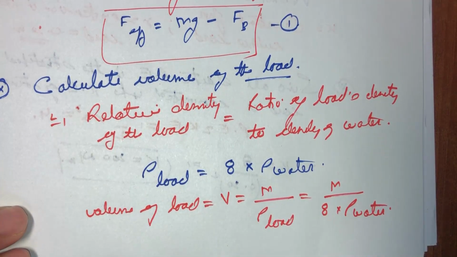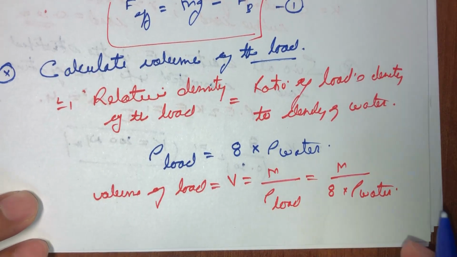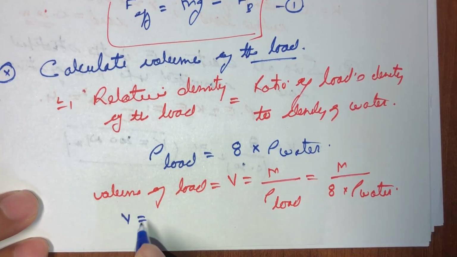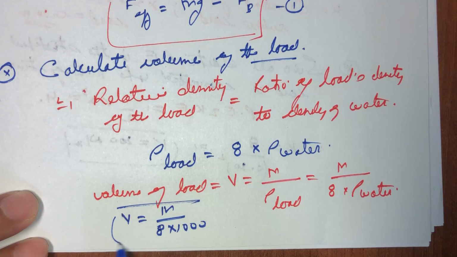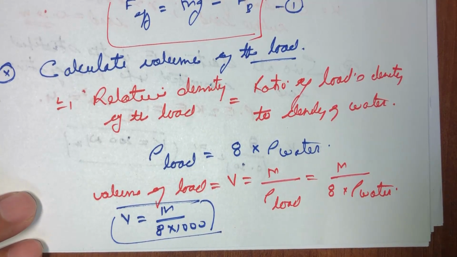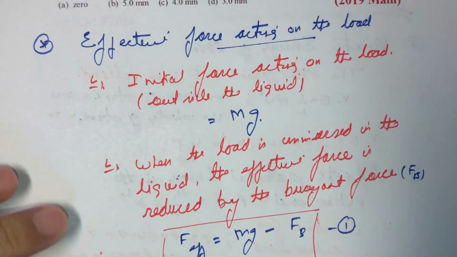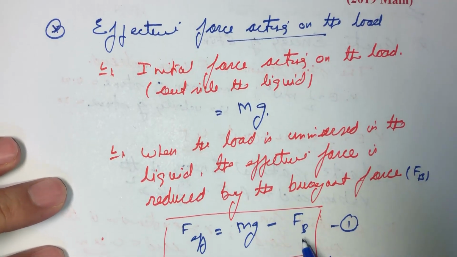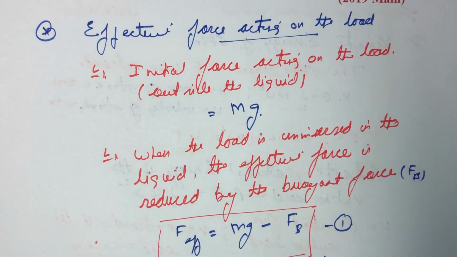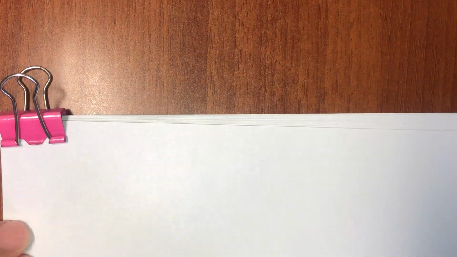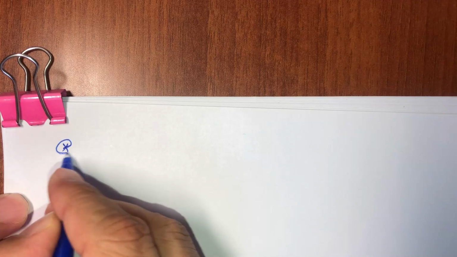And density of water is 1000 kg per meter cube. So we can write that volume is equal to m over 8 into 1000. So this is the volume of the load. Now let us find out what will be the buoyant force which will be acting on the body. So next is calculate the buoyant force.